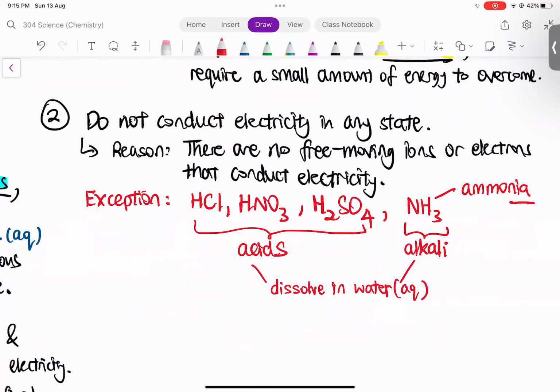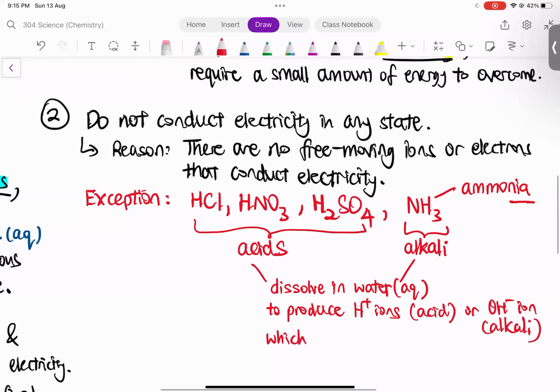So in the aqueous state, they produce H plus ions for the acids or OH minus ions if it's the alkali. So ammonia forms OH minus, whereas the other three acids form H plus. Now, these are ions and they are free to move. And because of this, these covalent molecules have free moving ions in the aqueous state, which can conduct electricity.